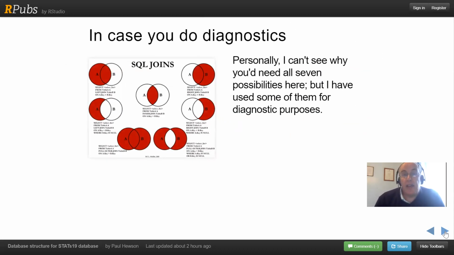But if you do like Venn diagrams and you like diagnostics, there's a full illustration of the 4 analytical joins, as well as some tweaks that are useful for diagnostic purposes. If you need it, there's a full summary of all possible SQL joins.